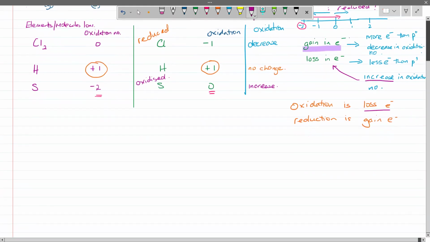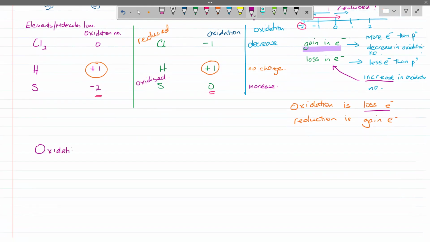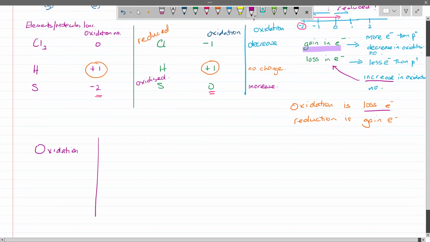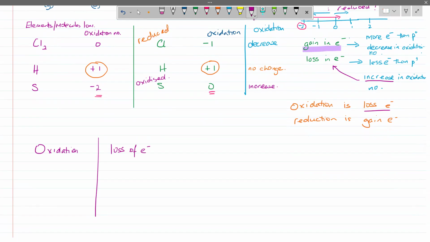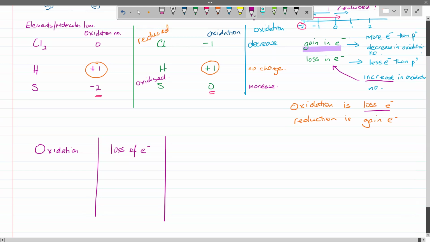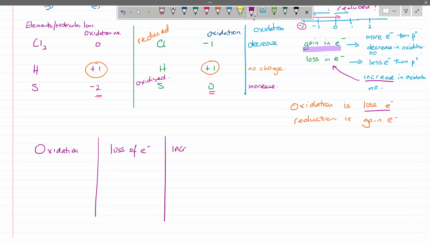So let's make a little table. Oxidation is loss of electrons, right? Everybody agree with that? When they lose electrons, we have an increase in oxidation number.